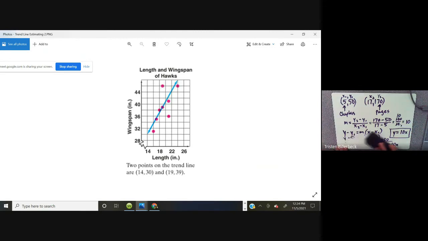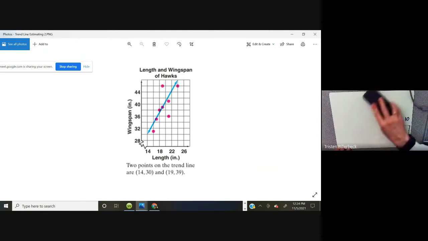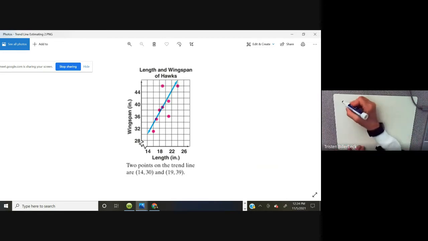Okay, so let's go ahead and process that one. We'll write that down. 14, 30 is one of the points on the line. And we have 19, 39.